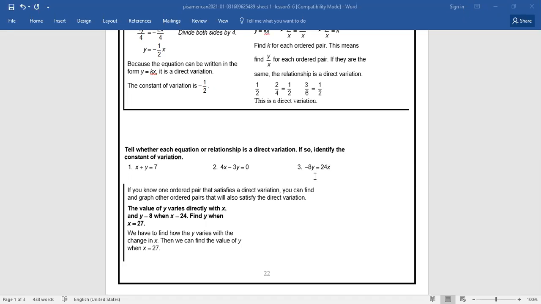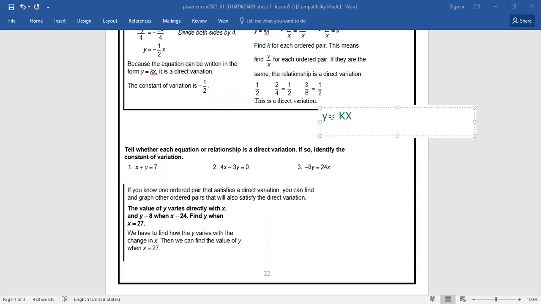Okay, listen to me, Noor. To know if it's a direct variation or not, you check if you have a y-intercept or not, right? But to find the value of k, you have to follow a general formula. The general formula is y equals kx.